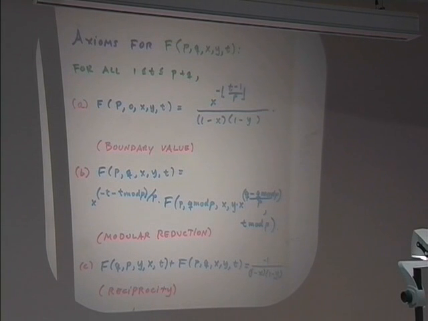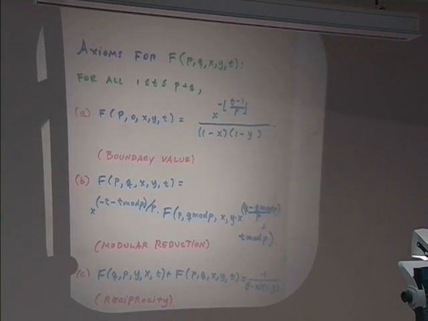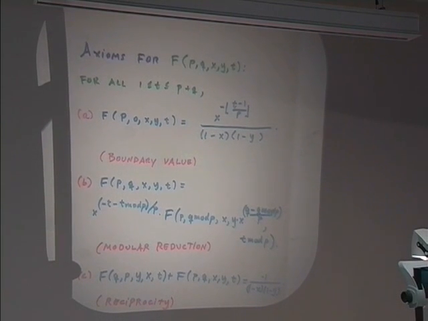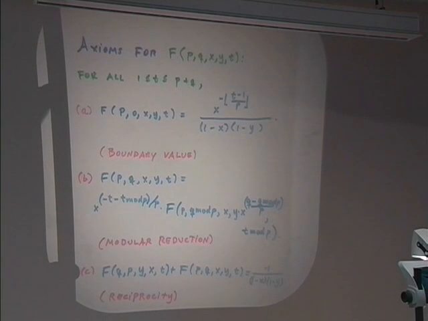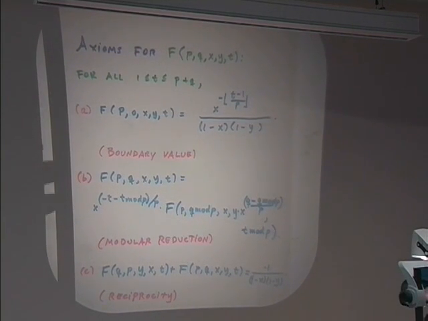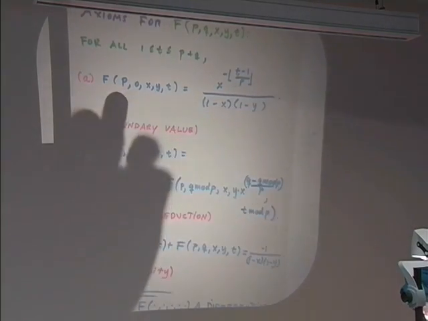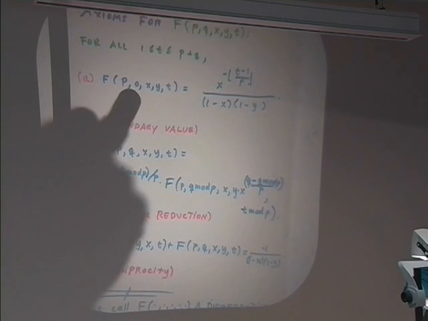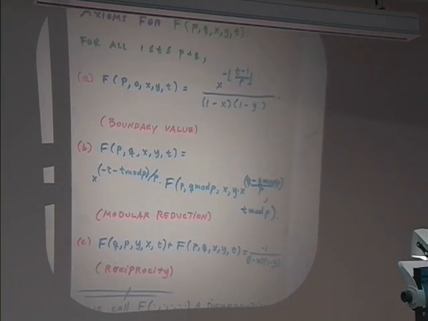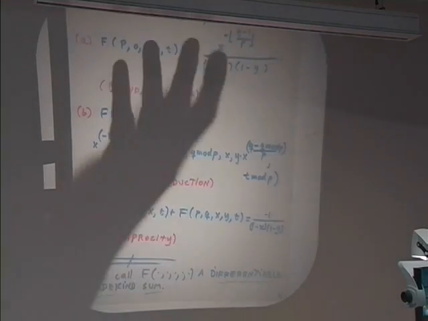Question? No? Okay. So these functions have characterizing properties just like our old friends, Dedekind sums, did. And these functions are now, you start out with the initial value, like the Fibonacci numbers, you have to initialize, F0 is 0, that's this. So that's the boundary value.